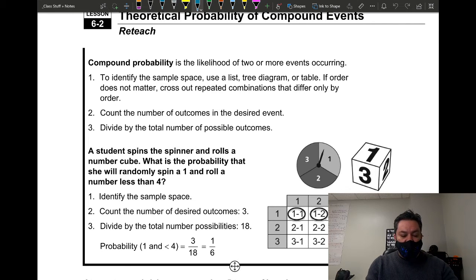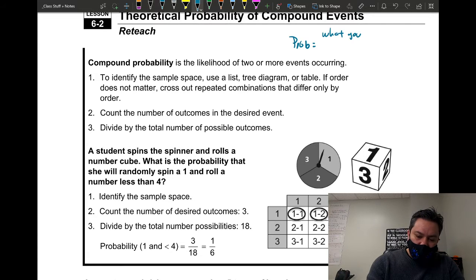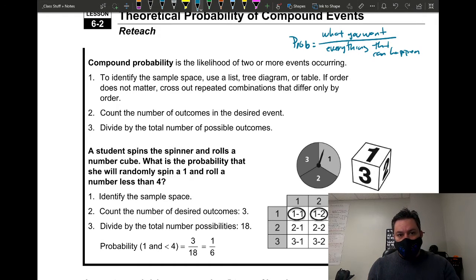Just like before, remember we have the formula: probability is going to be the number of things you want to happen, divided by everything that can possibly happen, which is going to be the total number of outcomes.